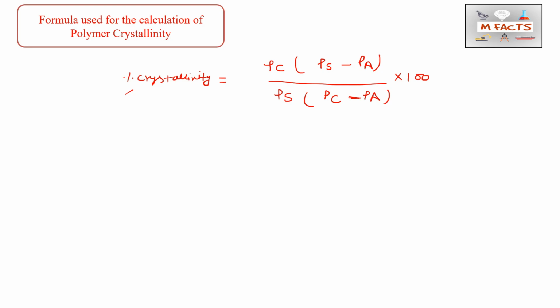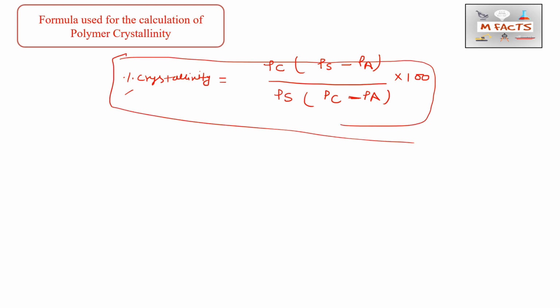This is the formula that is written in books, the percentage crystallinity formula. Remembering it is not easy, but we can remember it as CSA by SCA. Then we put rho everywhere, put the brackets, and put the minus sign. This is the way of remembering this formula.